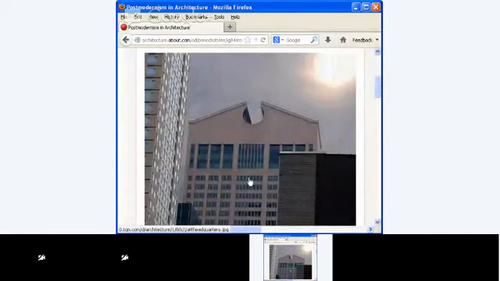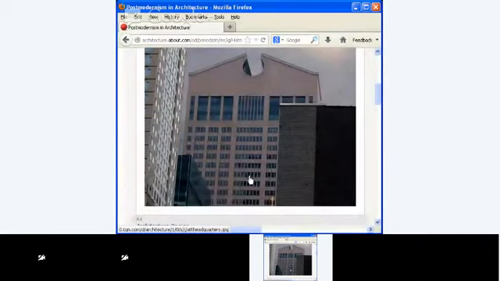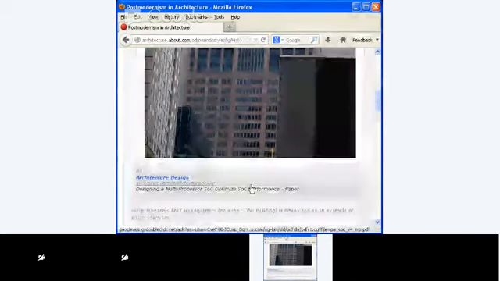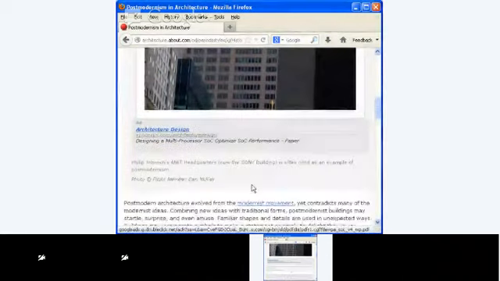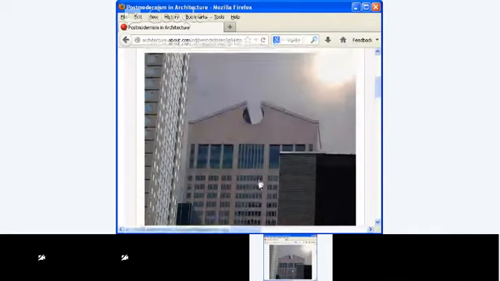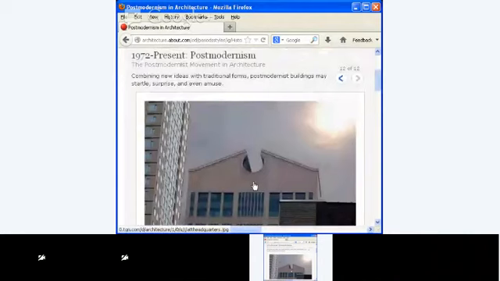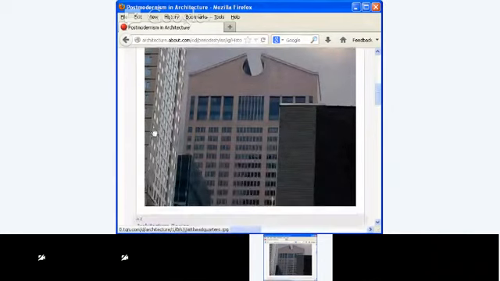In this case, glass and brick, which is kind of unique, but glass or glass and steel buildings. This is called postmodernist. I'm not sure where this building is, but this is called postmodern. This is the newest from the 70s to now. Notice the glass and steel on the other side.